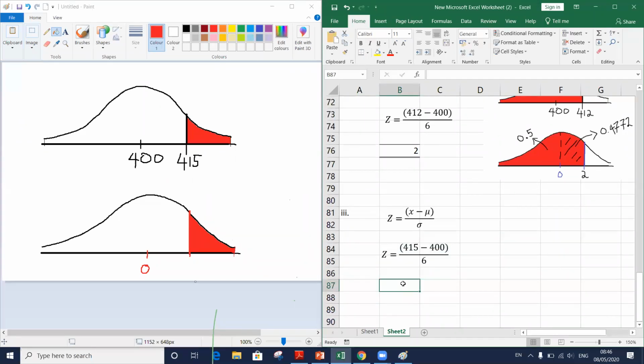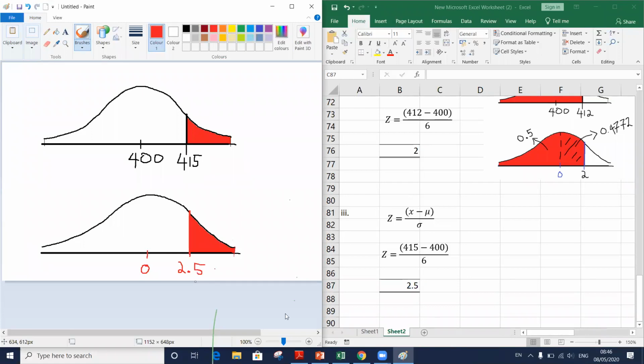Therefore, what is the corresponding z value? Z value is 2.5. Here the z value is 2.5.